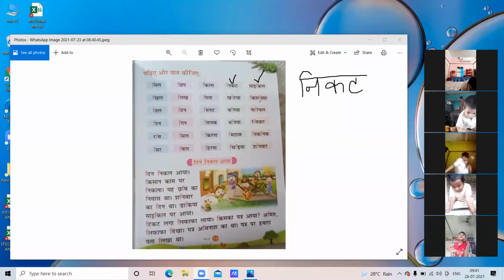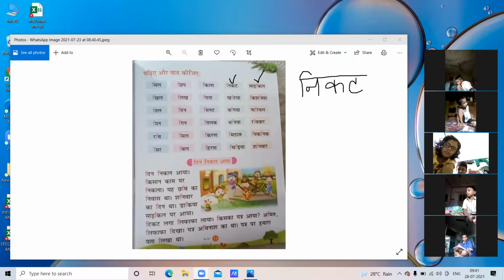Zayan, are you writing? Malav, Zayan, Devaritya, Prakriti, very good. Shanwaz, right? Priyanshu, are you writing, Priyanshu? Sampriti, are you writing? Yes, Shoaib, right?